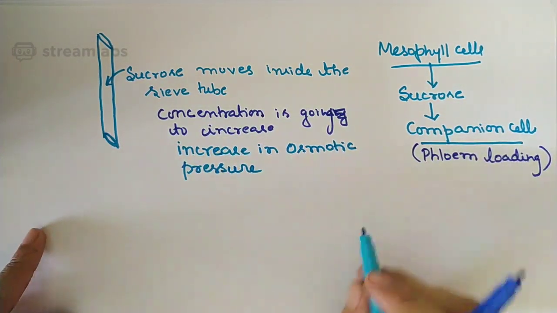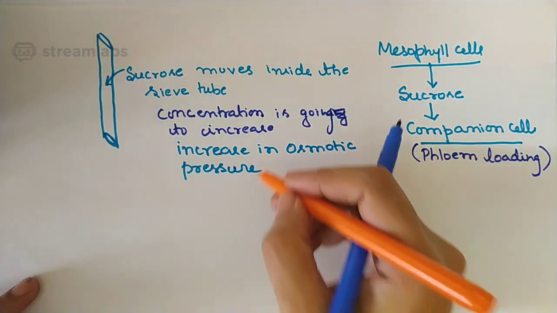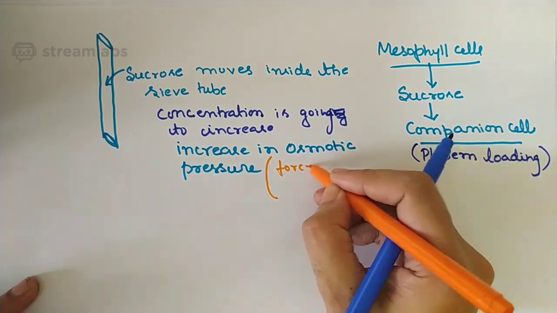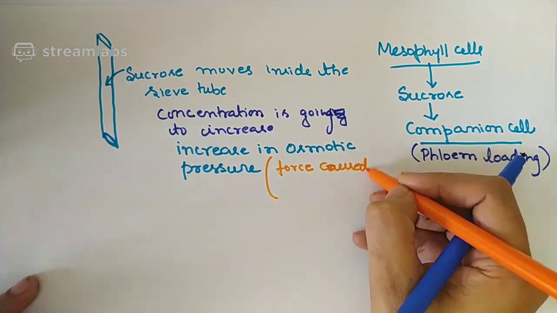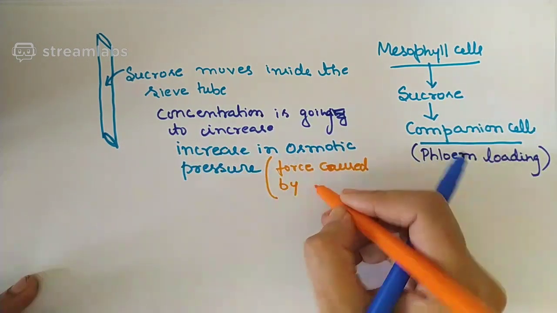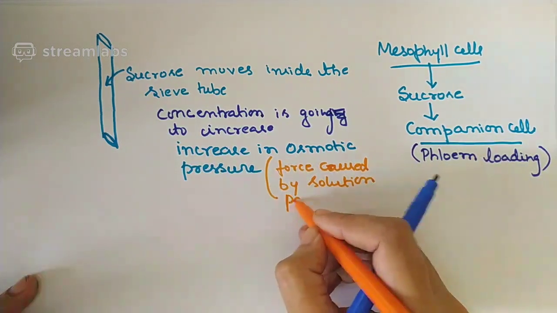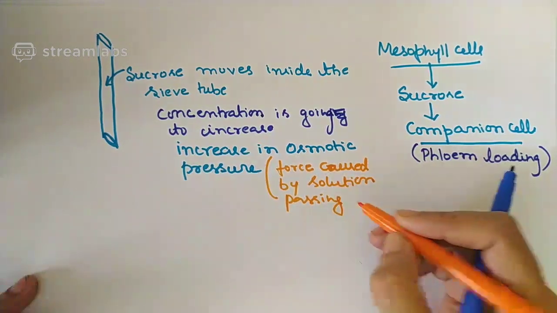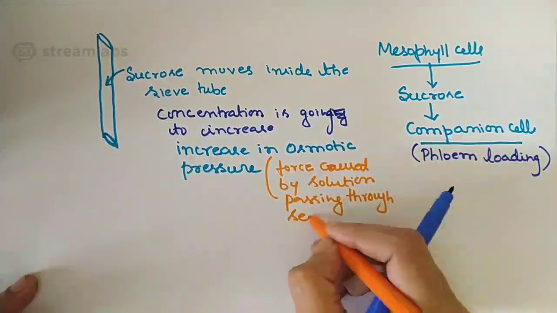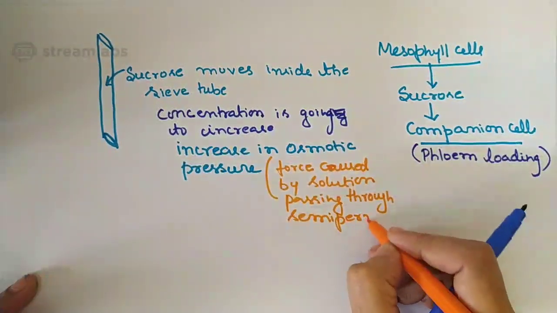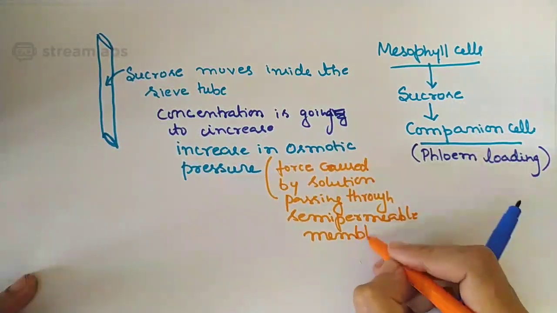Osmotic pressure is nothing but a force created or caused by a solution passing through a semi-permeable membrane.